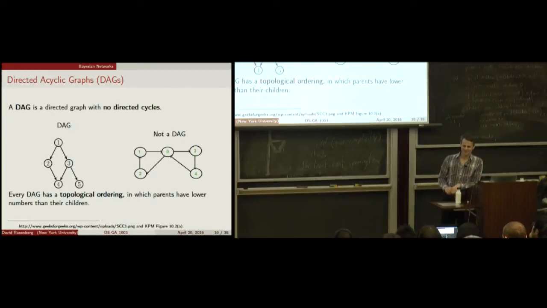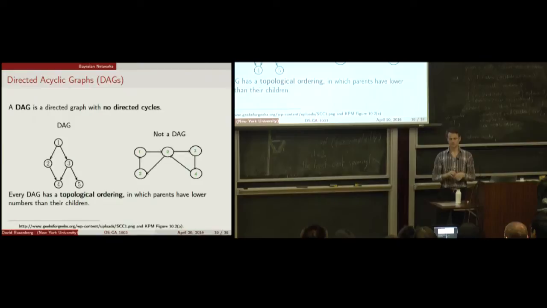Can there be two variables that are mutually independent? So, can you have entirely disconnected components in your graph? Yes, you can. Can there be two nodes that have edges to each other? You can't have two nodes with edges to each other because that would make a directed cycle.